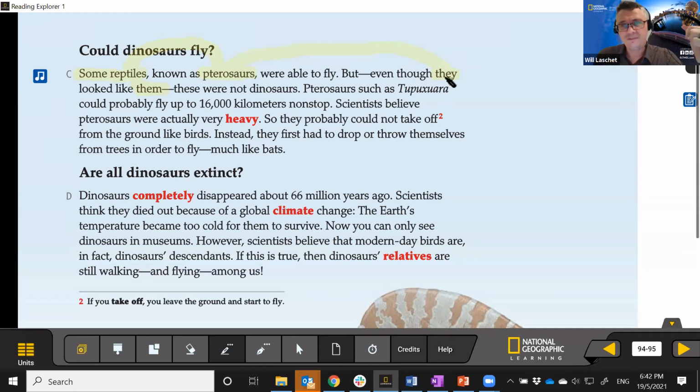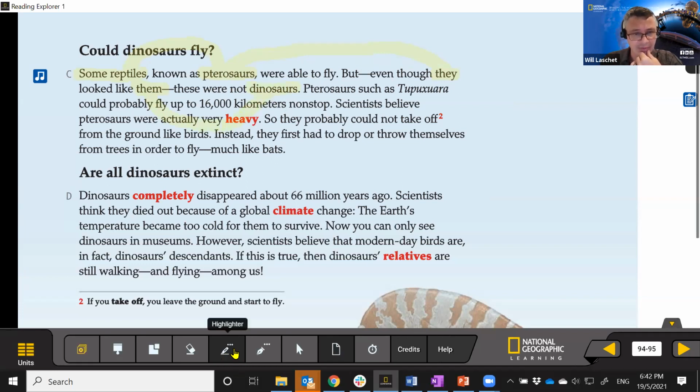Now, it says they looked like them. I said they is the subject pronoun and them is the object pronoun. So it cannot be referencing the same thing, because this is the subject and this is the object. So what is them? What is it actually referencing? It's something that comes after, it's the dinosaur. So here I can do another rainbow.